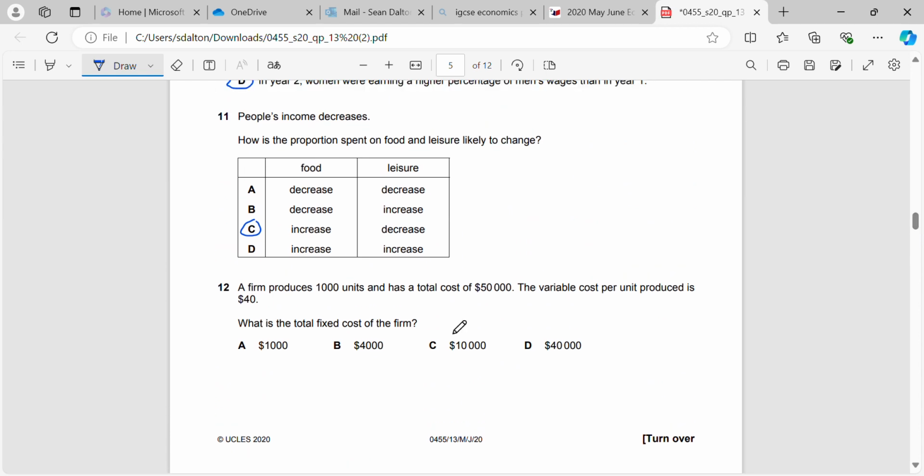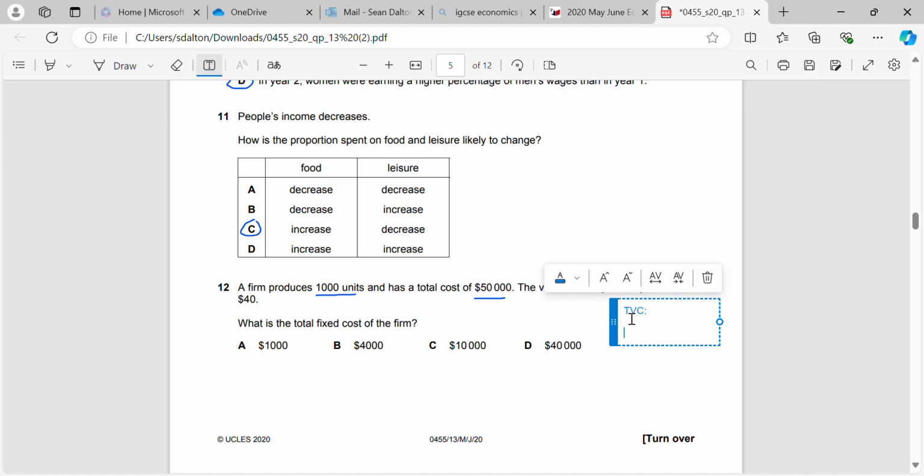Okay, question 12. A firm produces 1,000 units and has a total cost of $50,000. Variable cost per unit is $40. What's the total fixed cost? Okay, so what we need to do, our total cost is given and our variable cost per unit is given. We need to calculate our total variable cost first and then take that away from our total cost and we'll be left with whatever our total fixed cost would be.